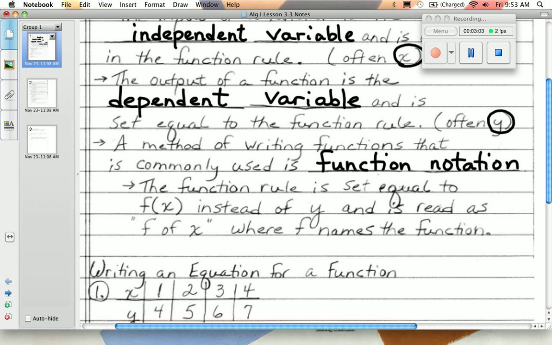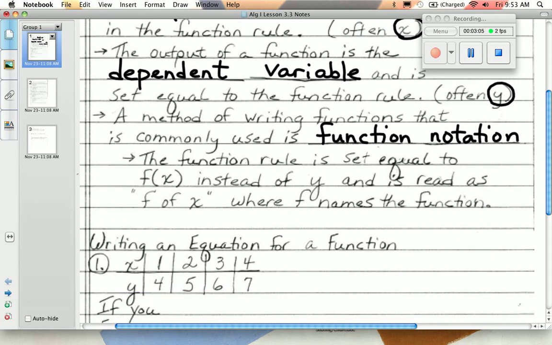So the function rule is set equal to, instead of y, the dependent variable, f parentheses x. So we won't see a y there, we'll see an x again. Here's how we read that: f of x, where f names the function. It's saying this is a function, and the independent variable is x.